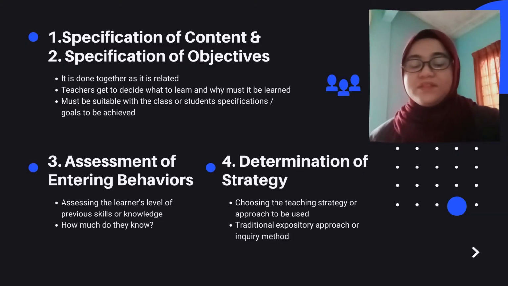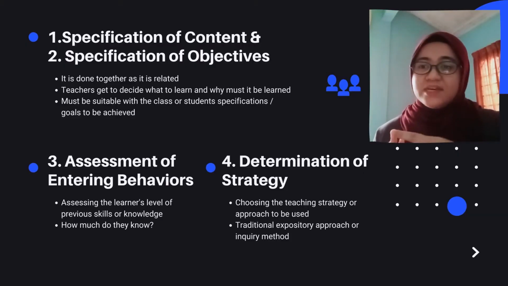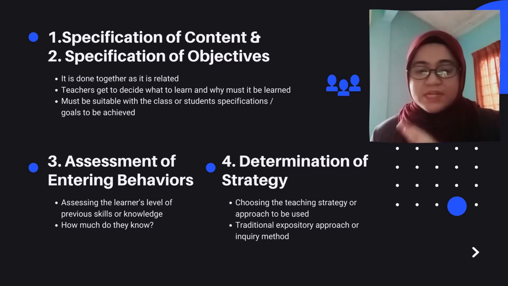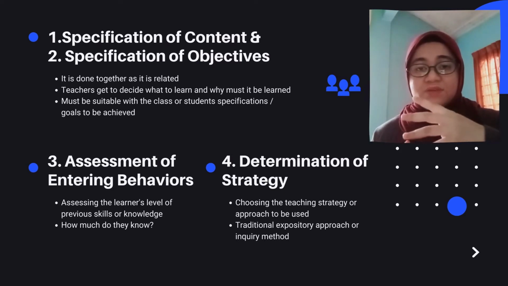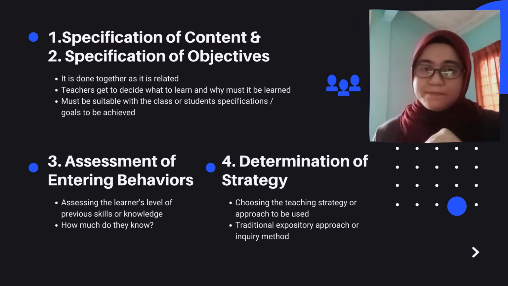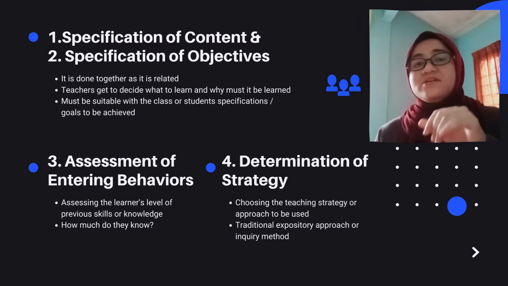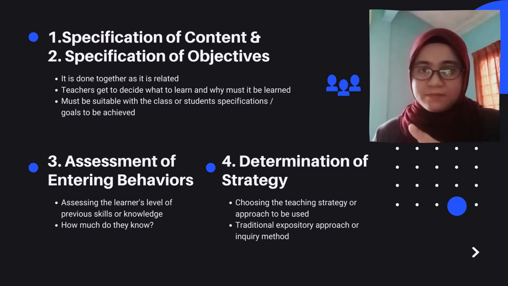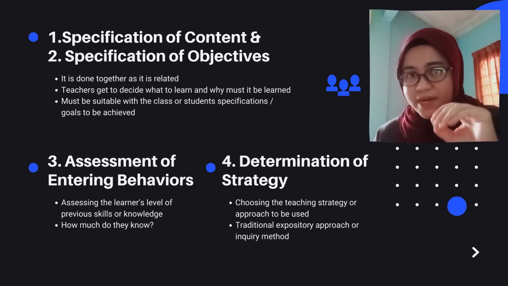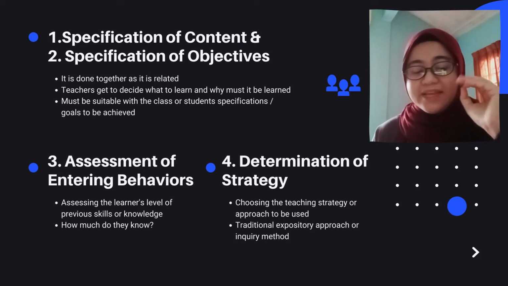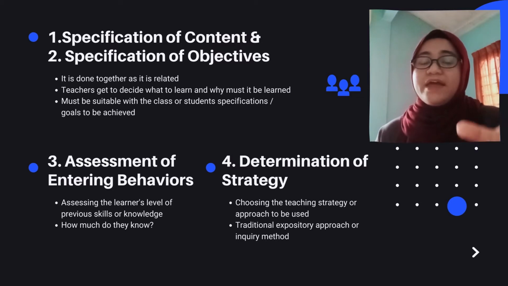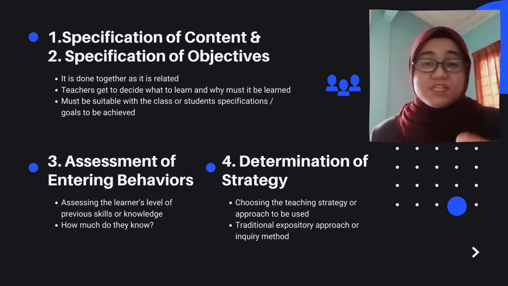It starts with the first two elements, which are specification of content and specification of objective. These two elements exist together because they are very much related. In this part, the teacher gets to decide for the students what to learn and why it must be learned. The teacher also needs to bear in mind that they need to deliver content that is very suitable, and only suitable, to the students' specification.